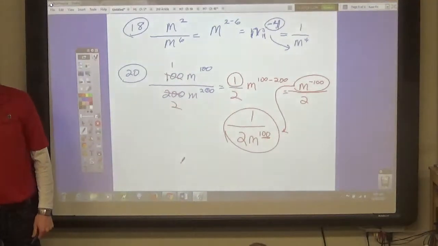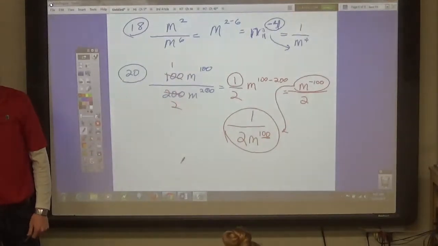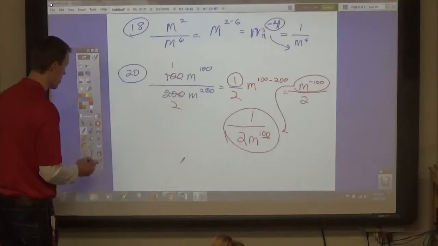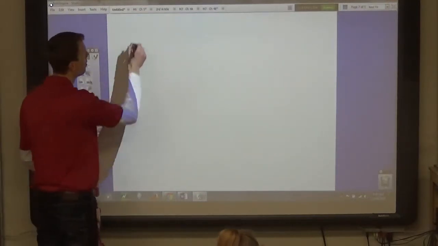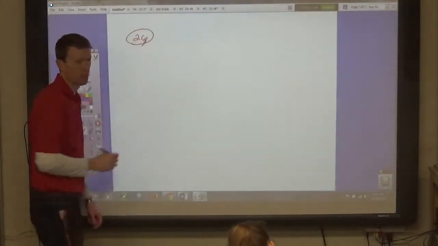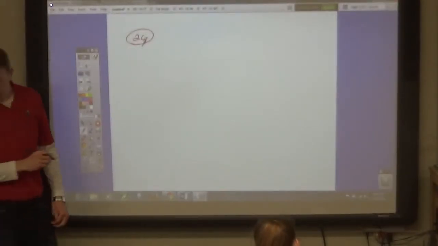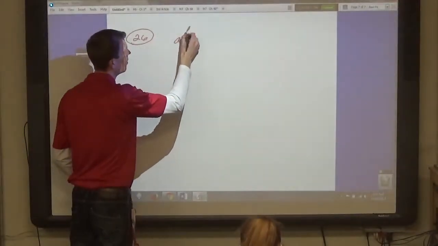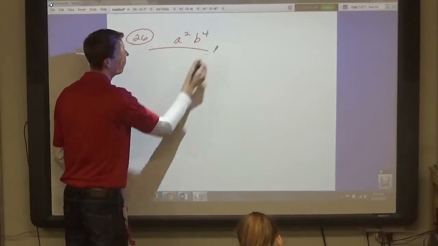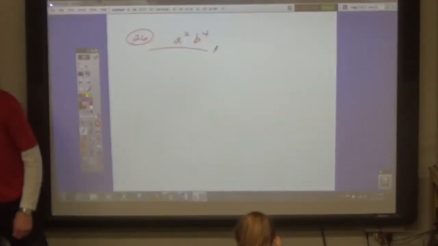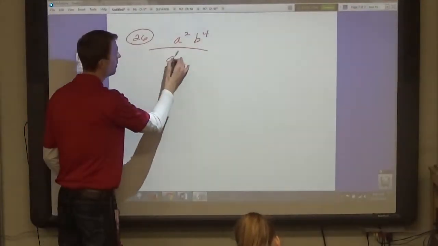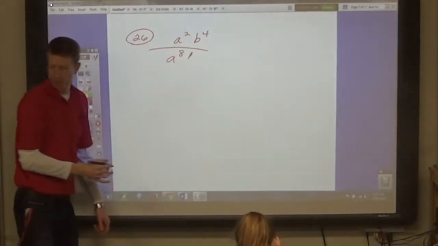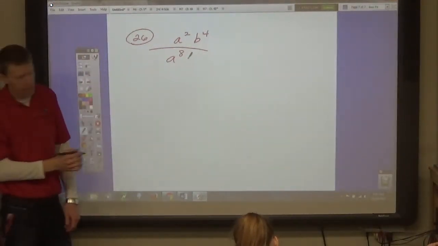Skip down to number 26. How can we write number 26 without the fraction bar? So we're starting with a squared b to the 4th over a to the 8th power times b to the 2nd power.